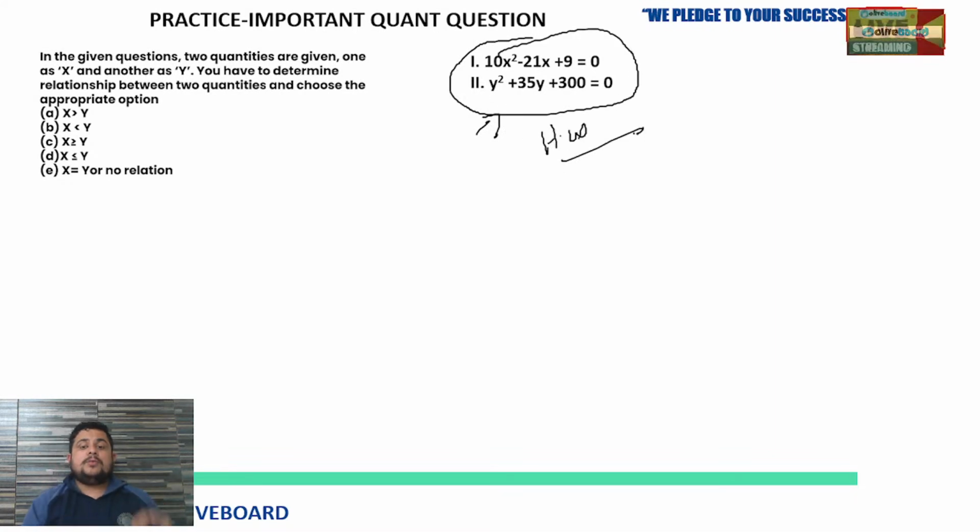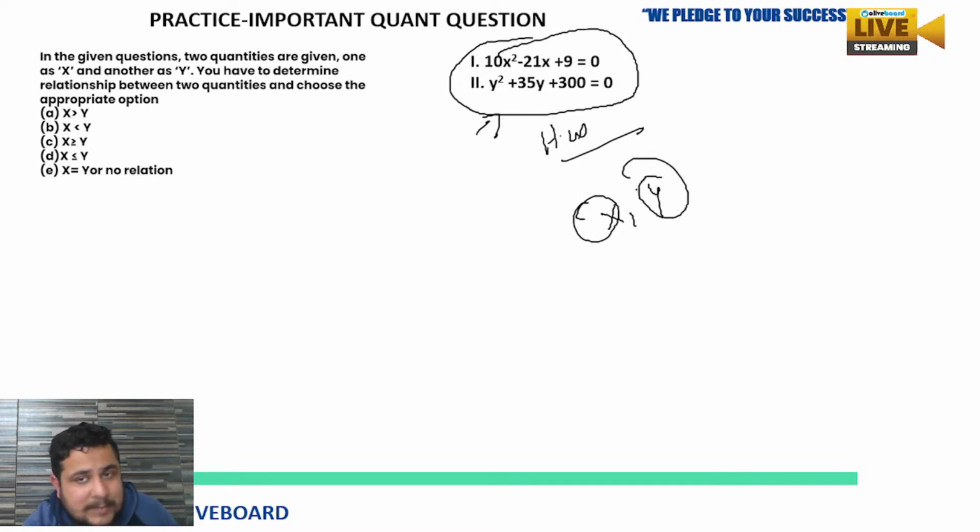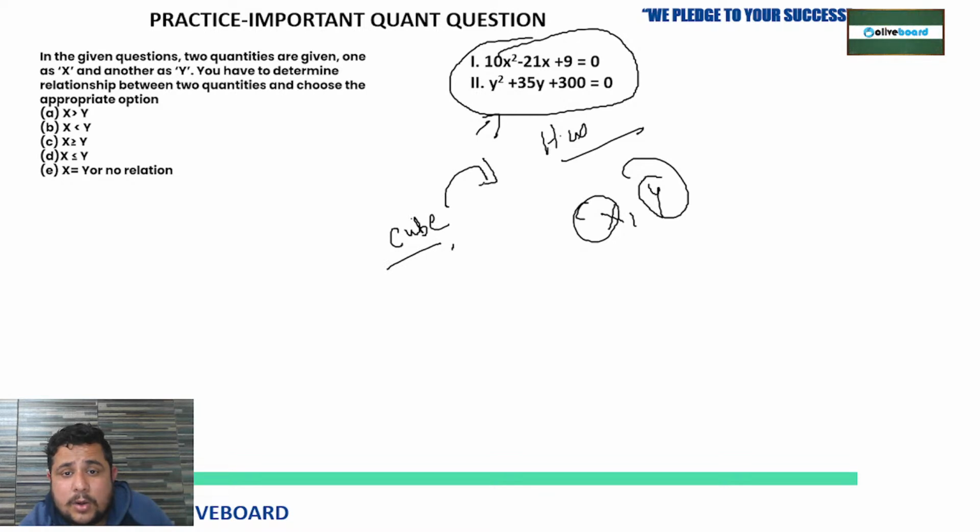So I have given you 3 homeworks, right? One based on the boat and stream question. You have to just solve it and you will get the speed of x and y, meaning the speed of both and the speed of the stream in that particular question. And also I have given you one condition on the lateral surface area of a cube, and a question on the lateral surface area of a cylinder.